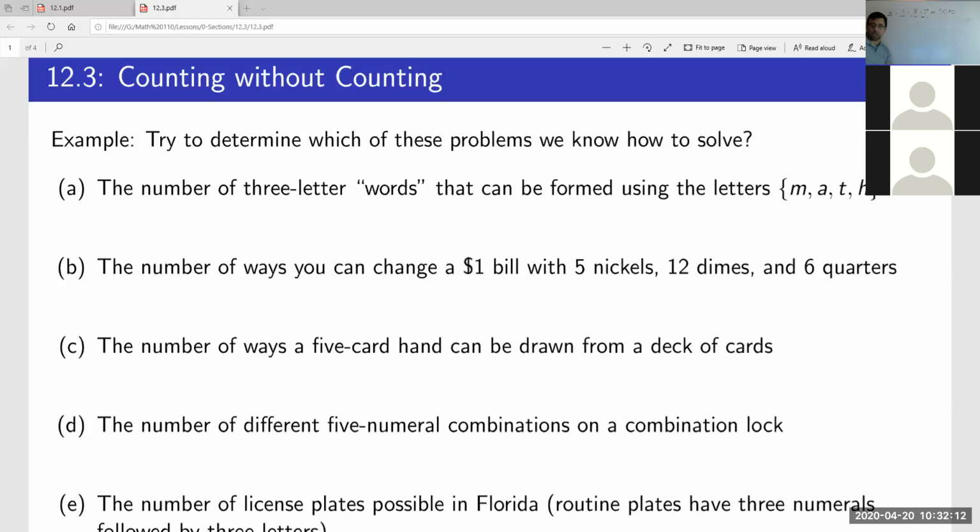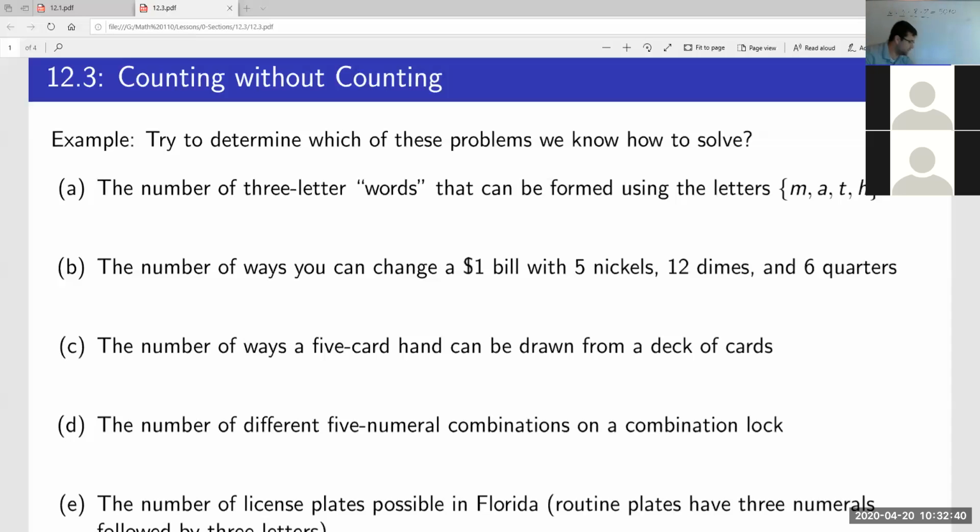And how many options do we have for each letter? So this is why words is in quotes, because it doesn't have to be a word that makes sense. We just mean a word as in a combination of 3 letters.